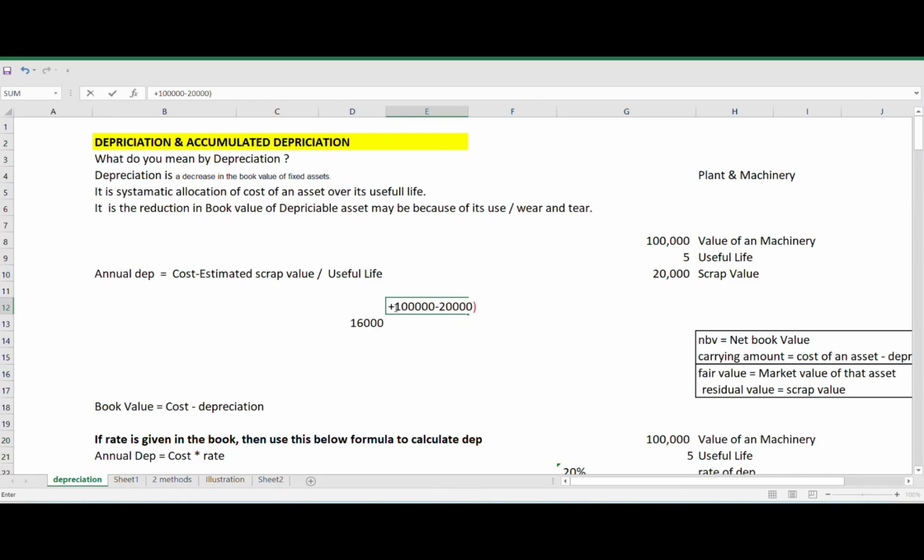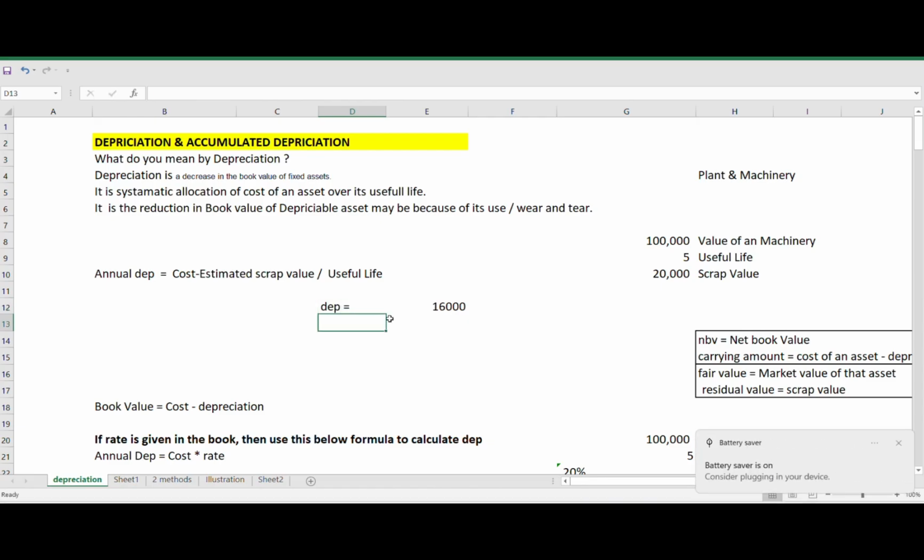Cost minus scrap value, divided by 5 years. So that is 16,000. That means depreciation is 16,000 for a year.